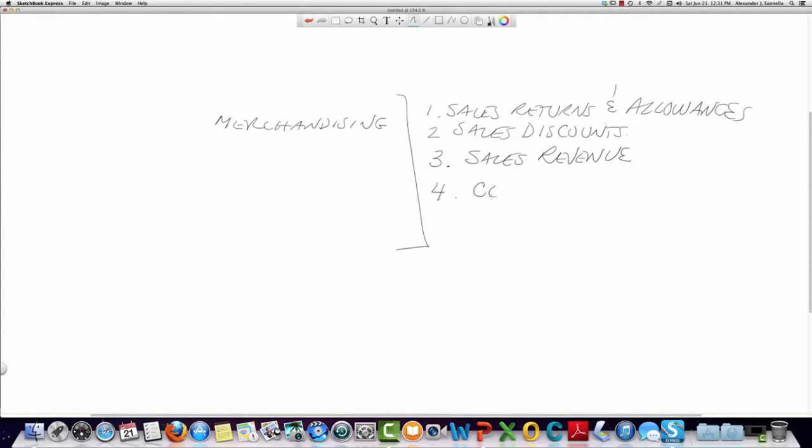Cost of goods sold. And we have the contra revenues, and these are for closing purposes, or temporary, and merchandise inventory.